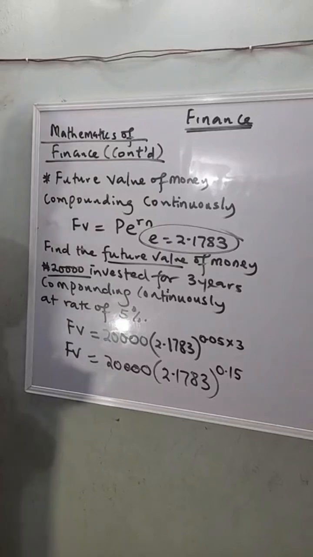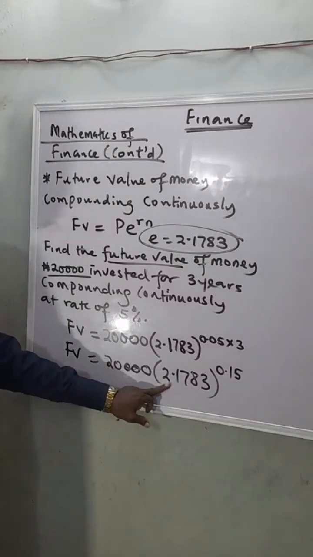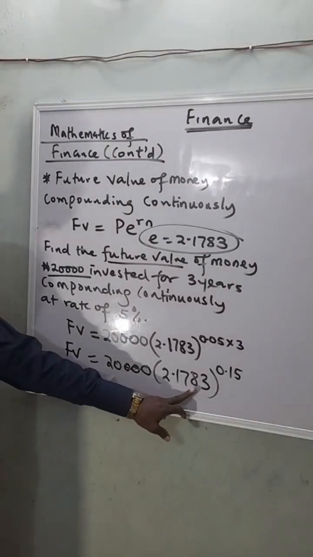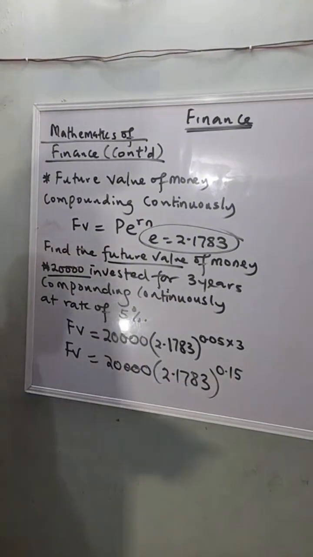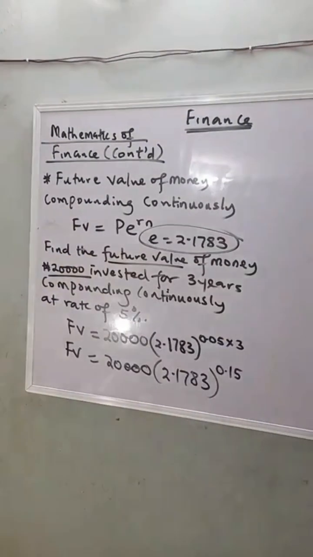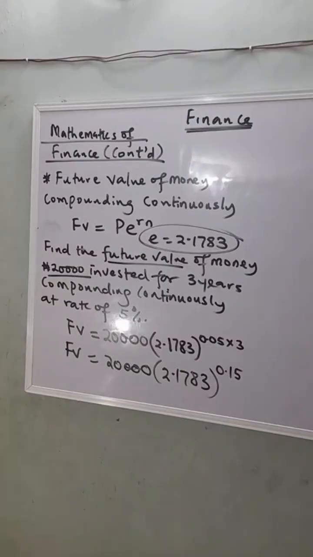So you press your calculator: 2.1783 raised to power 0.15 multiplied by 20,000. We'll get the value. So press your calculator in that manner.